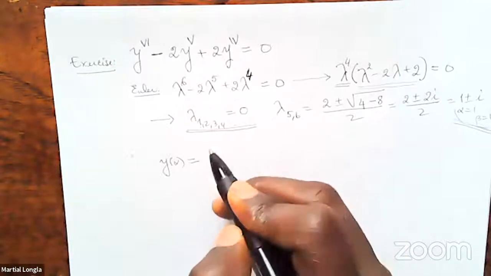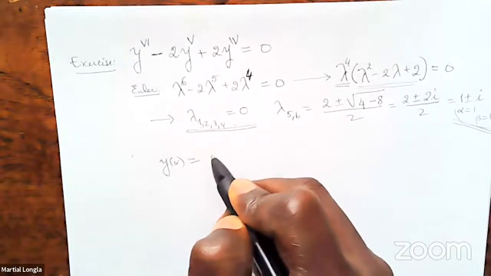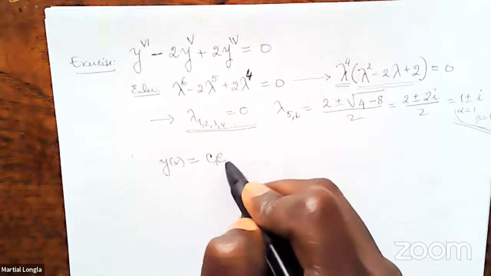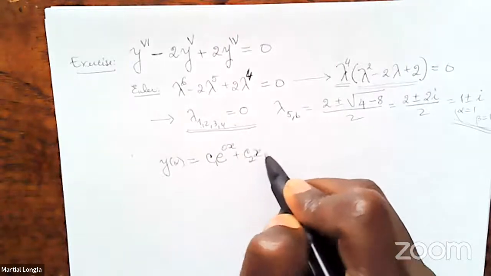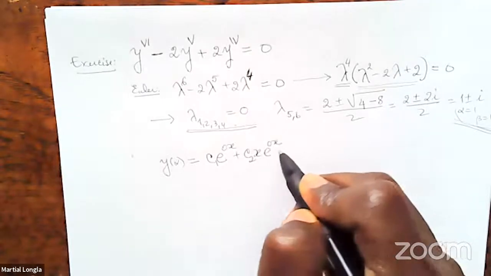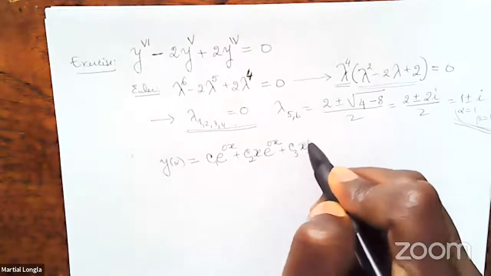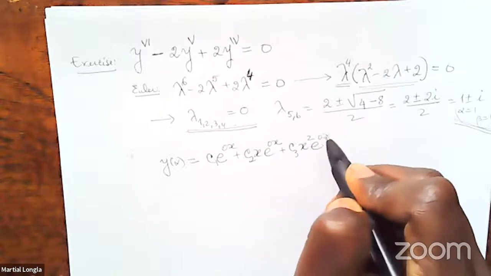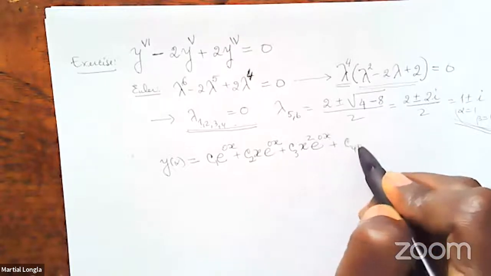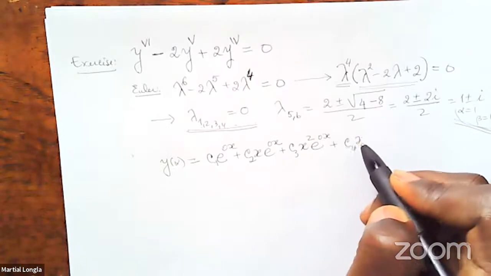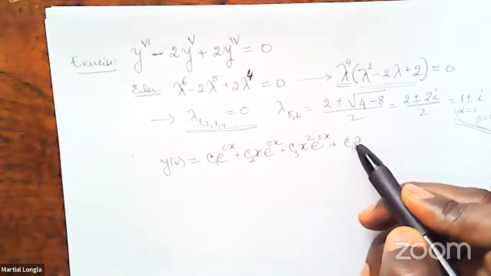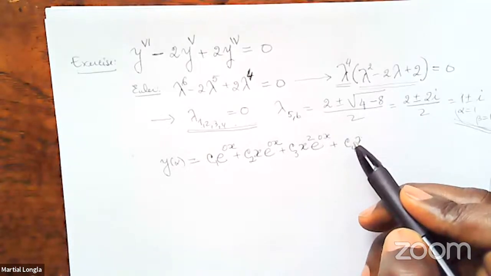Okay, so it would be y of x is equal to c1 e to the 0x plus c2 x e to the 0x plus c3 x squared e to the 0x plus c4 x cubed e to the 0x plus c5 e to the x. How many zeros do you have? 1, 2, 3, 4.